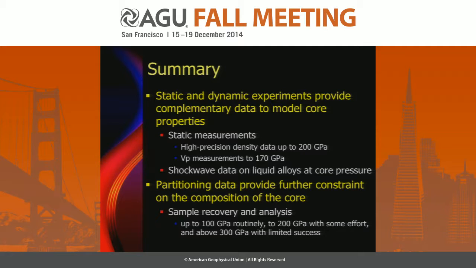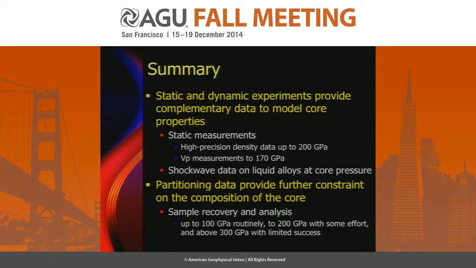So what I really want to summarize is that static and dynamic experiments provide complementary data to model the core properties, and also include very accurate density measurements up to 200 GPa and some velocity measurements, right now mostly at room temperature or low temperature, but for the PVT equation of state data, we can go to much higher PT conditions.